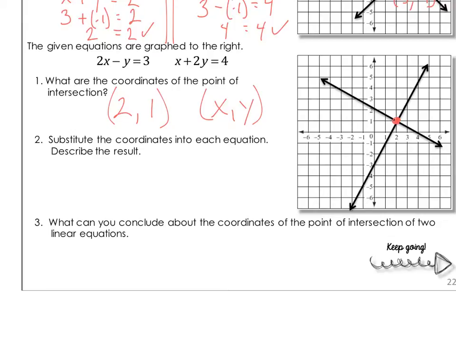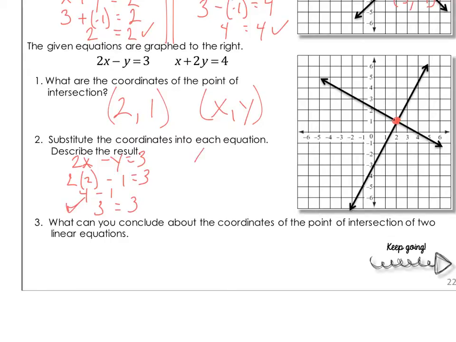If we substitute those back into 2x minus y equals 3: 2 times 2 minus 1 is 4 minus 1, which is 3. So that works out to be true.